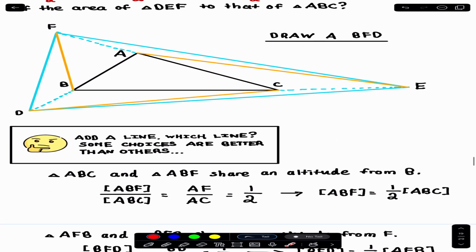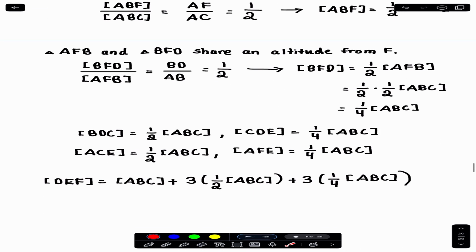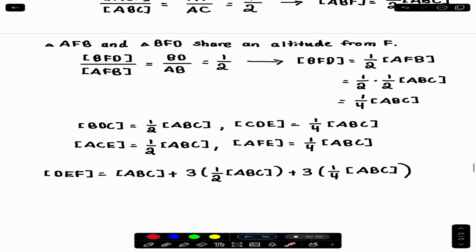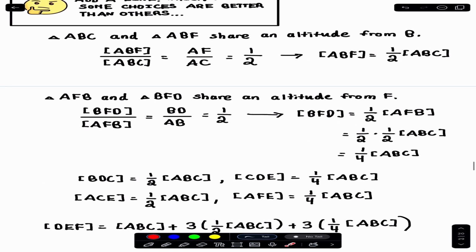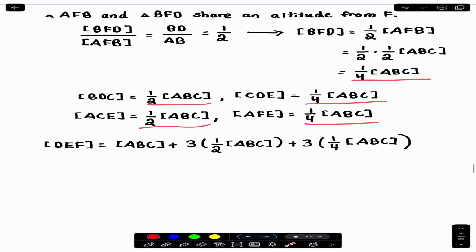Because recall, the area of triangle DEF is just the sum of all of these areas. So we have a half ABC, 1/4 ABC, half ABC, 1/4 ABC, half ABC, 1/4 ABC, so that's just 3 copies of each.